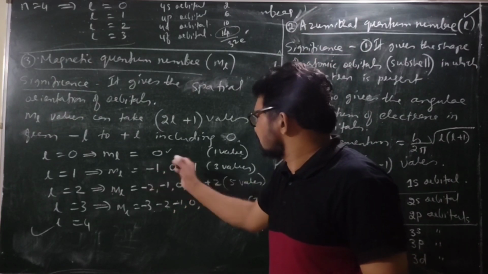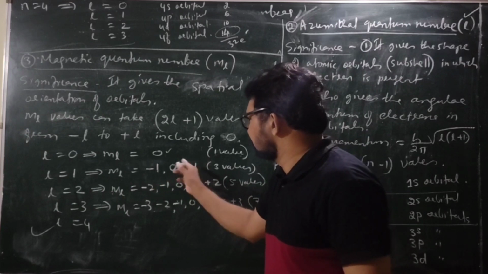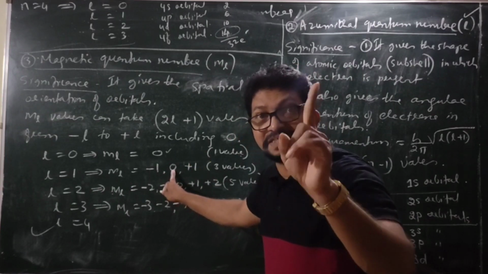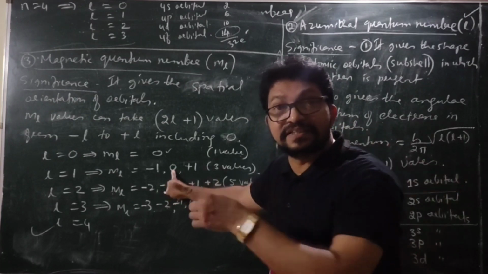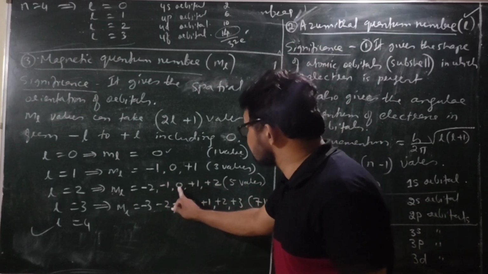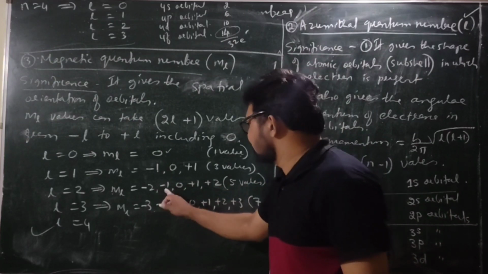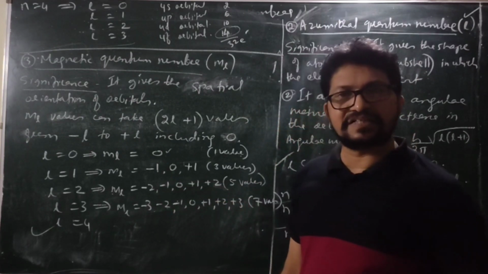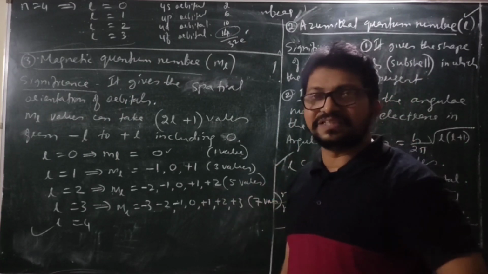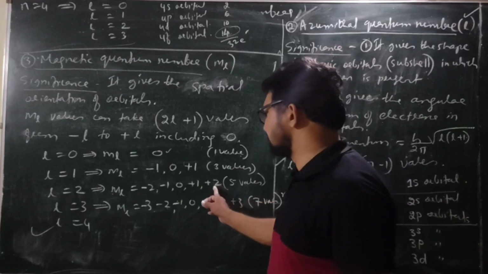Pz, x or y, anything. Px, Py, Pz is 0. Z is the internuclear axis. The internuclear axis is always taken as 0. Dz square. And here again there is a distribution in the entrance class. I will tell you which is dxy, which is dyz, which is dzx, which is dx square minus y square and all, in the entrance question.